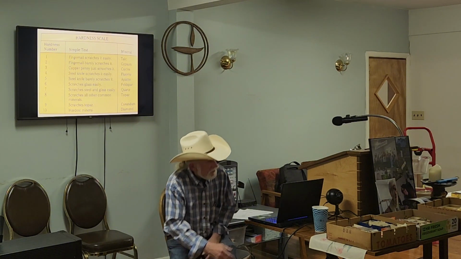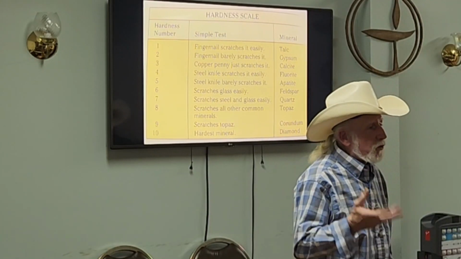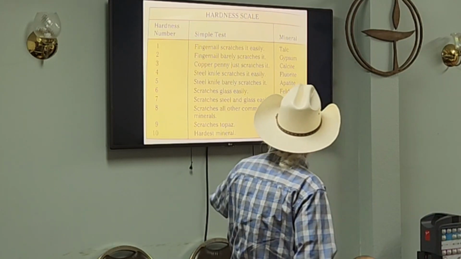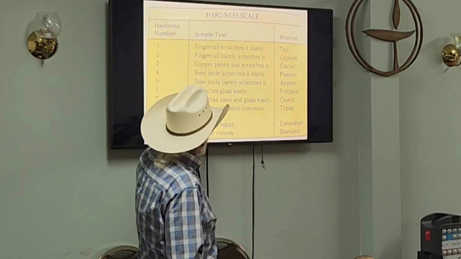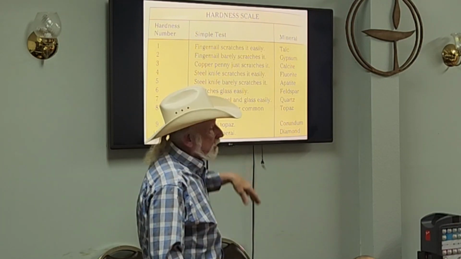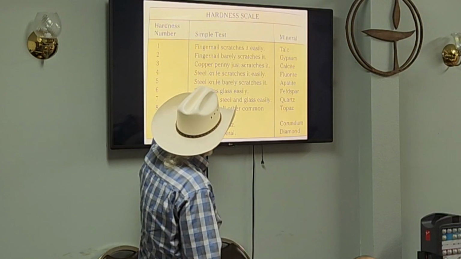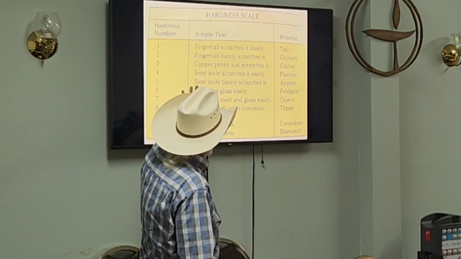What's important in studying mineralogy is hardness. The reason is that you can identify whether something's worth picking up or not. You want to pick up something that's harder than normal, because those are the gemstones, and they're rare. And hardness is tested with stuff you have on you. You can scratch it with your fingernail, and it's considered soft. If you can scratch it with a copper penny, then it's medium, or you can use a steel knife.